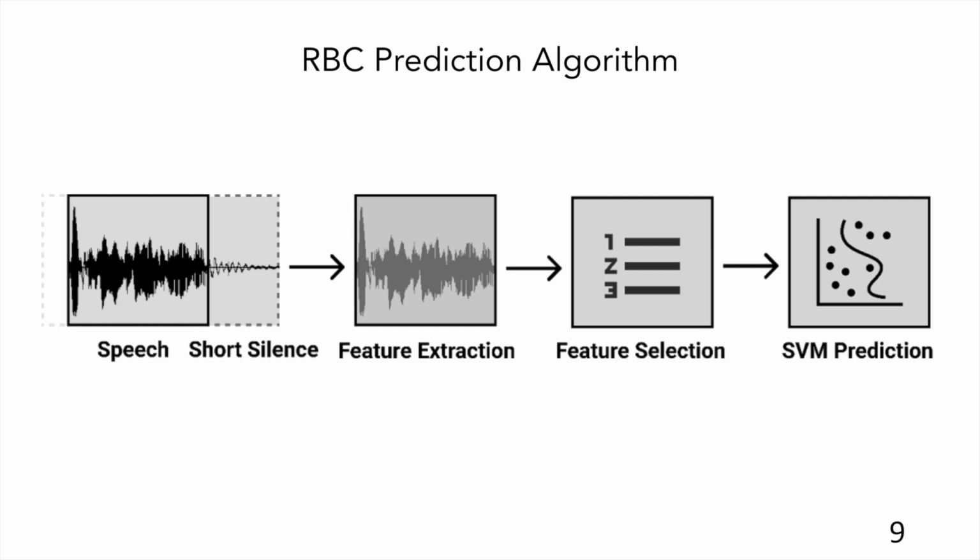When a speaking interval was detected, the previous speaking utterance followed by this interval would be segmented. Then, the utterance was fed into the openSMILE feature extractor to obtain selected ComParE features, and those features were used by the trained SVM model to make RBC predictions.